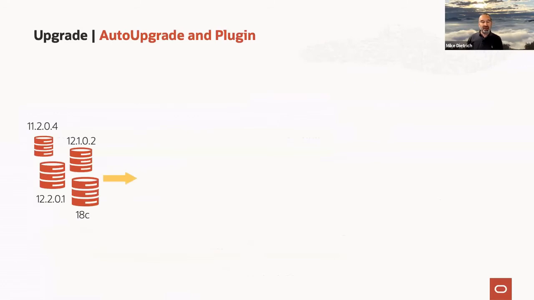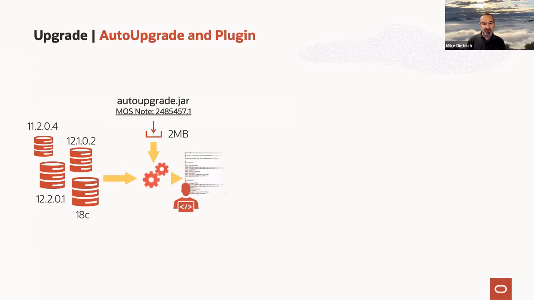Now, how does AutoUpgrade interact here and what does AutoUpgrade have to do with multitenant? Of course, AutoUpgrade can upgrade a multitenant environment, but if you don't have multitenant environments yet, this could be 11.2.0.4, 12.1.0.2, 12.2.0.1, or 18c databases, and you download AutoUpgrade from this Oracle Support note, it's just 2 MB in size.